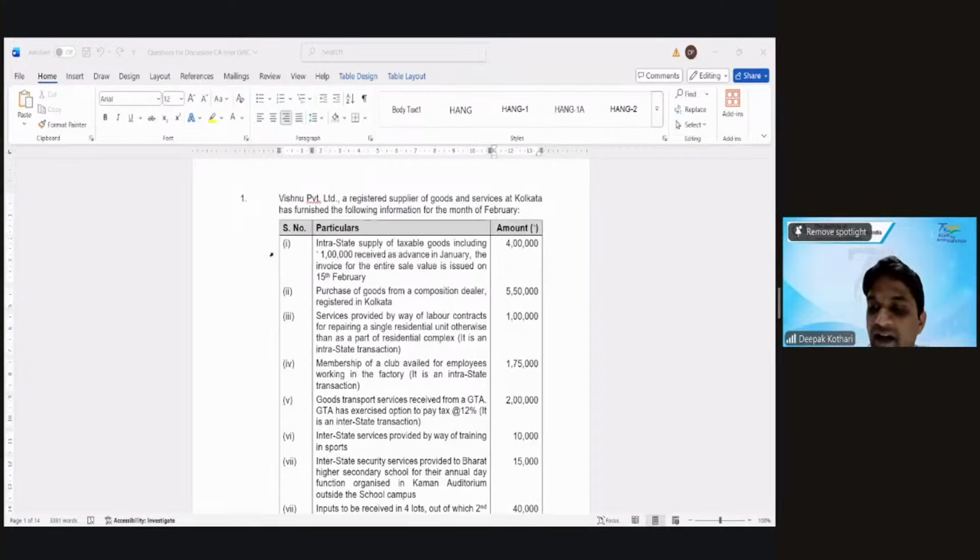So then why is the question of ITC coming in point number one? So there's no ITC in question number one. You have to pay GST. Now the question is, will you pay GST on 1 lakh or 4 lakhs, or the balance of 3 lakhs?